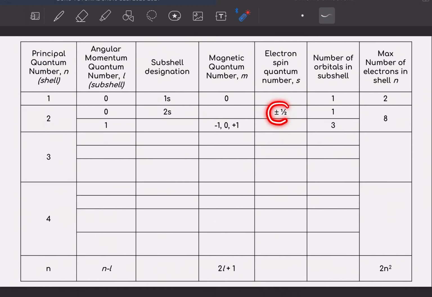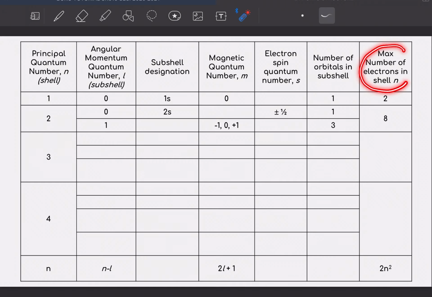So you can write it like this, but I actually prefer you to write it separately, plus half or minus half. So you have two possible spins. Okay. So the number of orbitals in the subshell, what will you refer to? You will refer to the values of m that are present. So you have one value, that means you have one orbital.